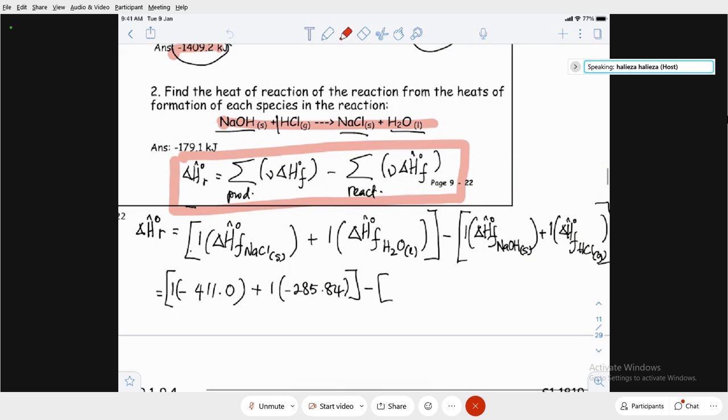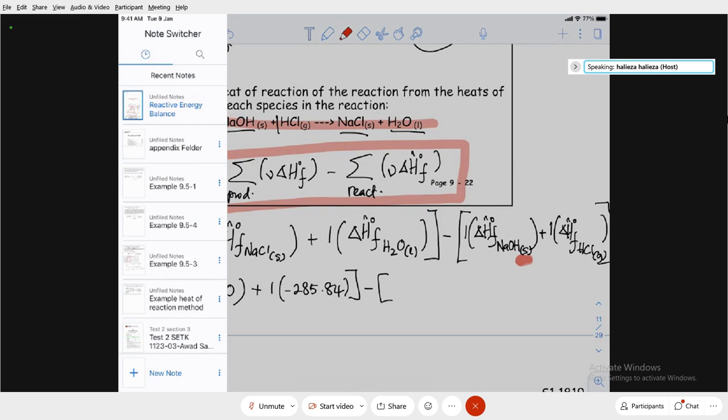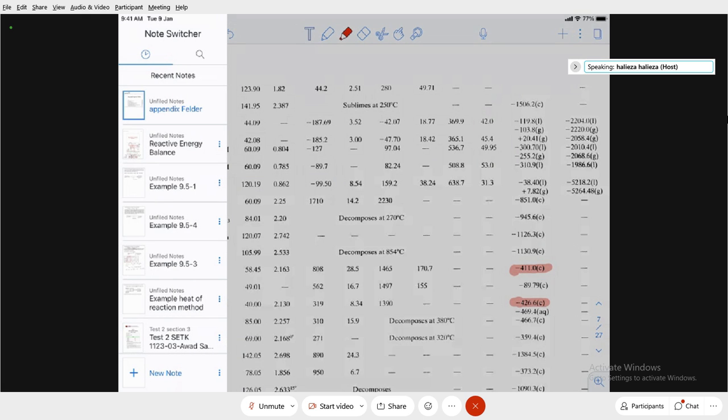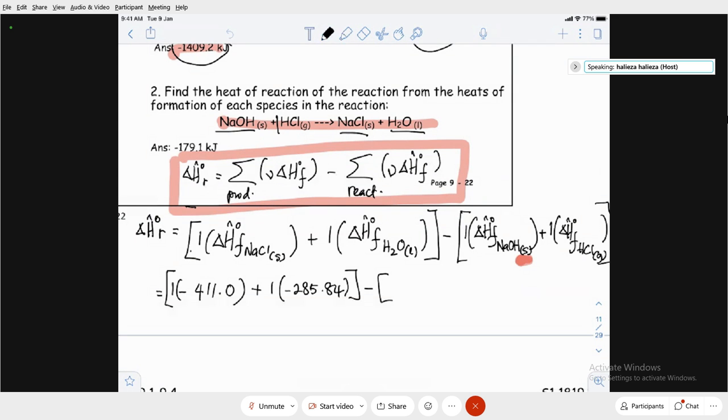The value is written as solid. So we'll be looking at solid. For sodium hydroxide solid, this is the value: negative 426.6. So write that down. Negative 426.6. I'm not going to write the one in front of it.